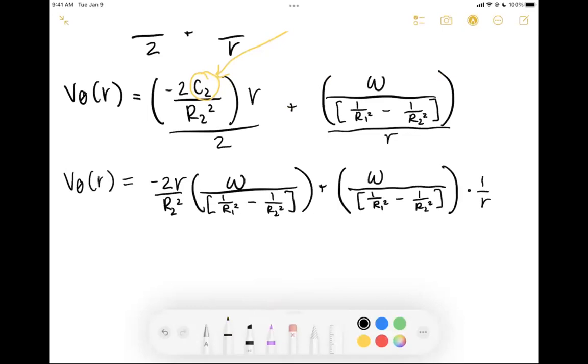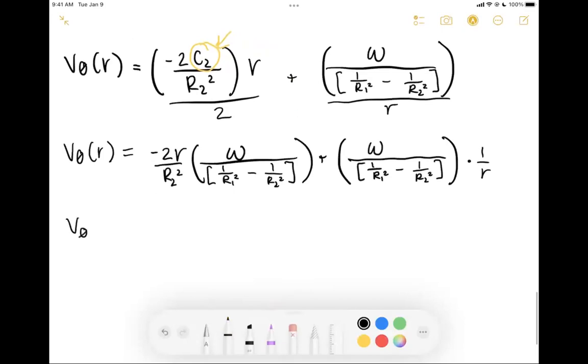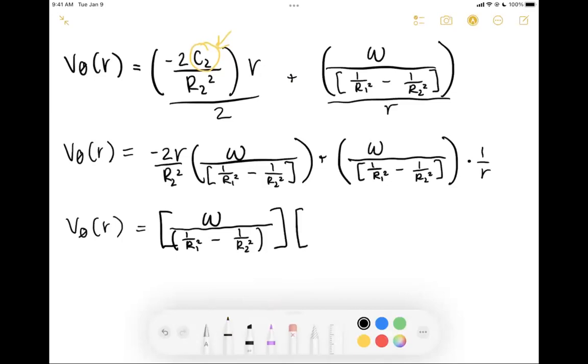Multiply this by 1 over R, which is the same thing as dividing by R. So when you simplify all of that and factor out the same components that are in both, you end up with, factor this out of both sides, divided by 1 over R minus R over R2 squared. And that is the final answer.